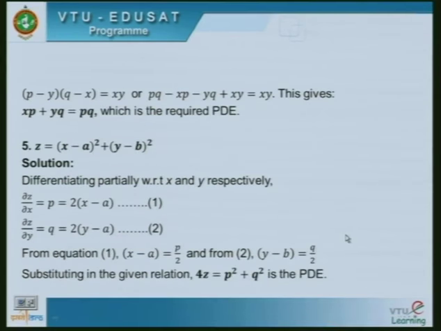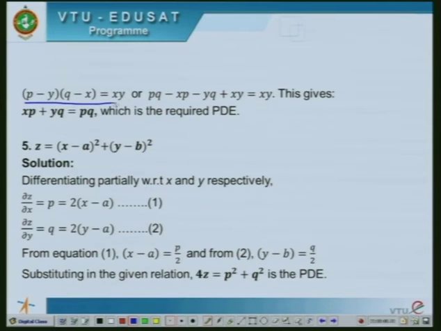So, multiplying the two, we get (p minus y) into (q minus x) equal to xy, or after multiplication you get pq minus px minus yq plus xy equal to xy. Cancel xy, which gives you px plus yq equal to pq, which is the required PDE.